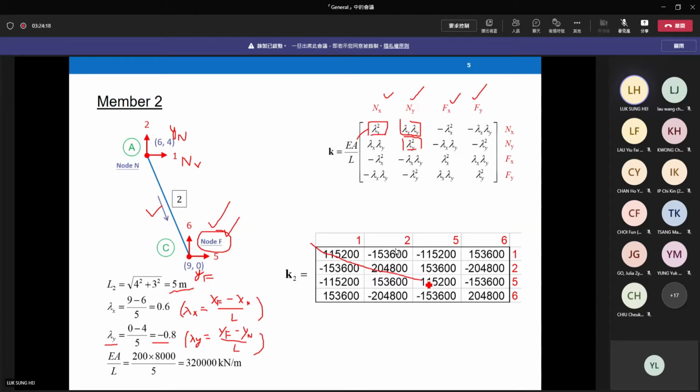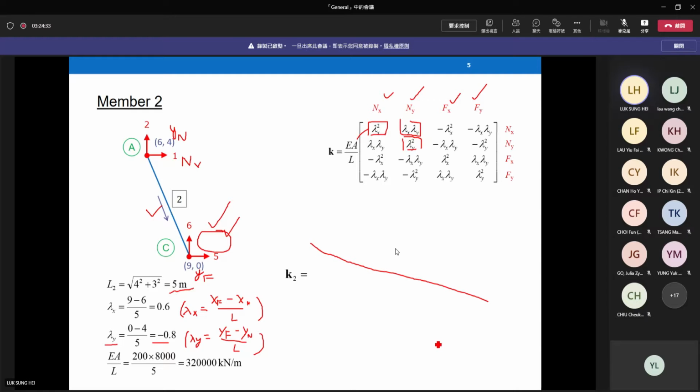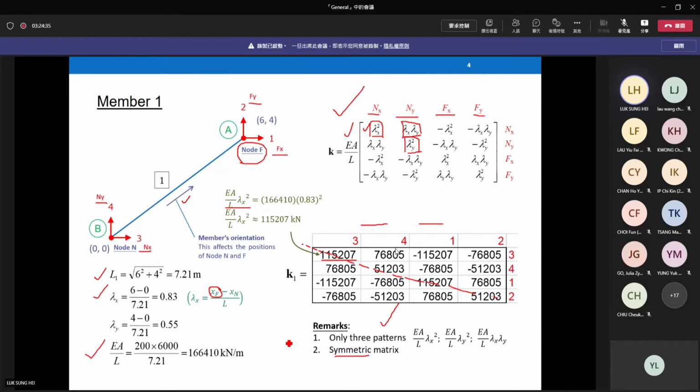Again, you can utilize the symmetrical properties to speed up your calculations. You have only three patterns according to our discussion here. Although there are 16 terms, only three patterns appear, some positive, some negative.